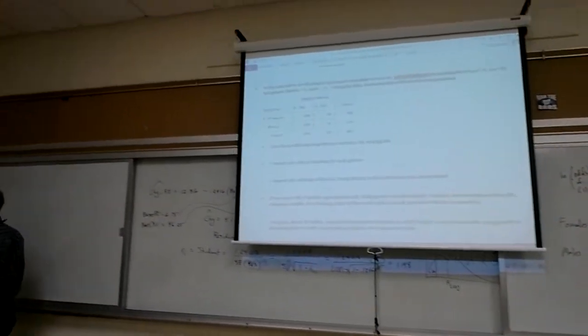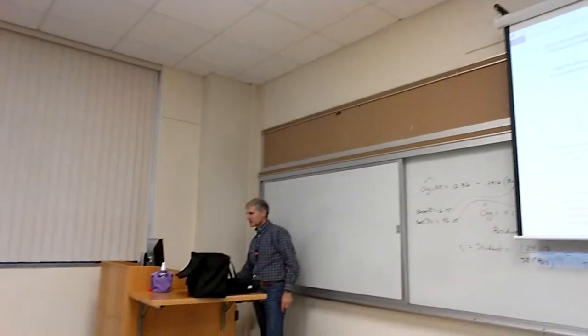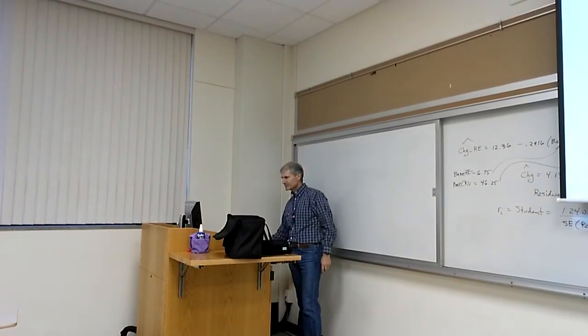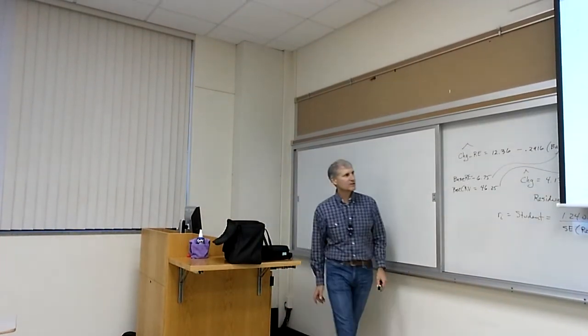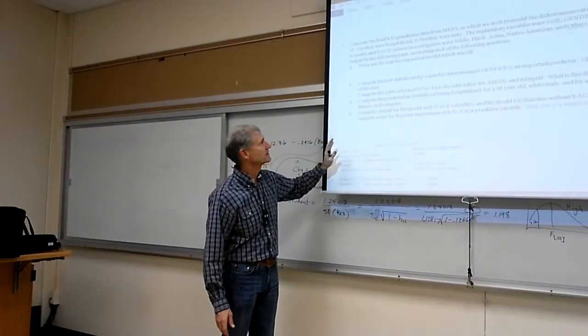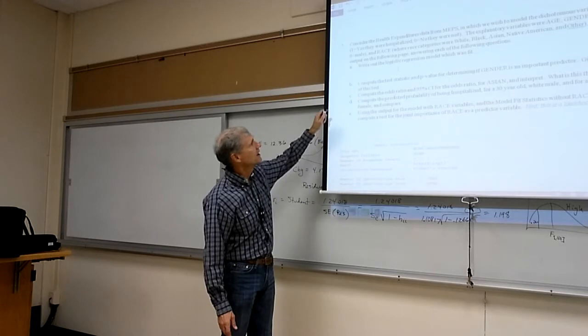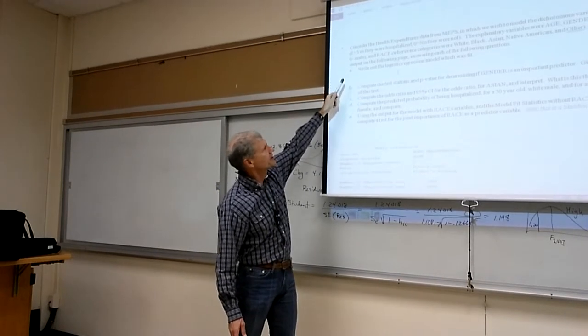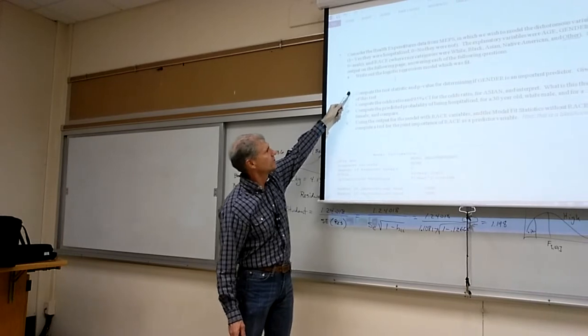Okay. Do I have a more complicated logistic regression thing? Yeah, here we go. So this is one where you can't do it by hand now. You have to rely on SAS or something to run it. Write out the logistic regression model which was fit.